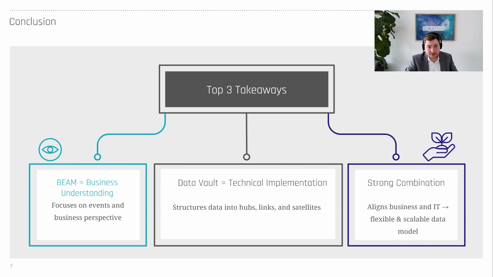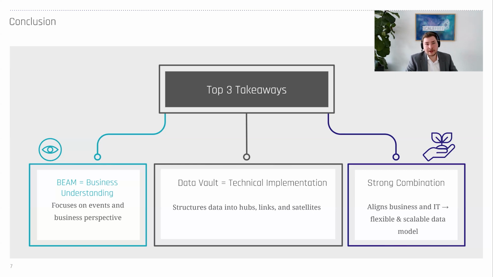And there is a really strong combination, at least what I think, because this is really good. BEAM is a really good starting point for your Data Vault modeling, right? You have a really good understanding of your business, and it translates pretty well, right? Like I said, I would always take data into account to really fix that model, and align it with the data, right? Not just translate it one to one or something like that.